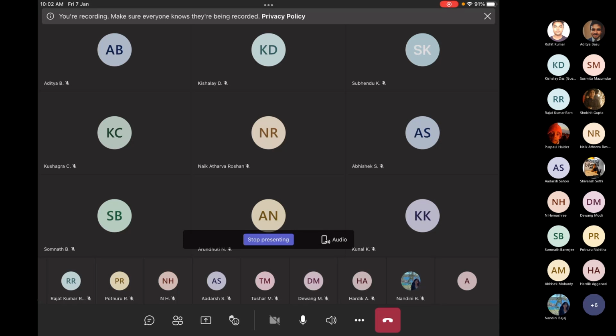Otherwise, I'll have to give you invites one by one, and giving an invite one by one to the whole class is a tedious task. That's why I have shared this link with you. You can share the Teams code. Okay, I'll try to see if that can be done. Okay, fine.